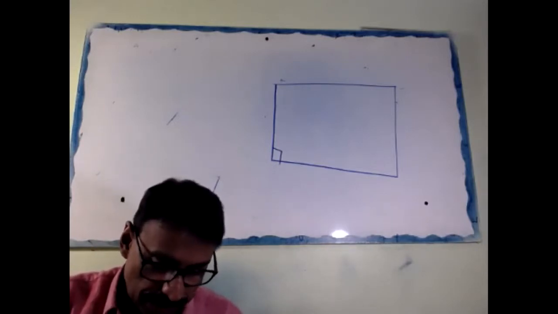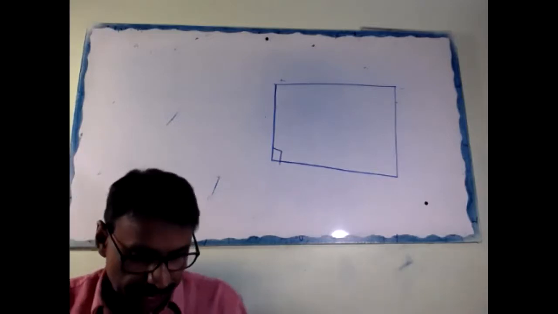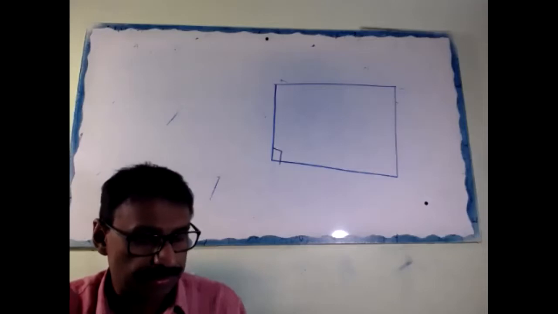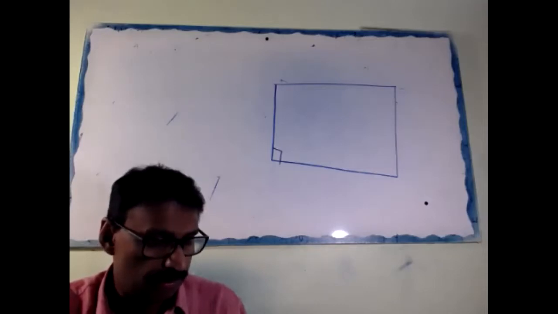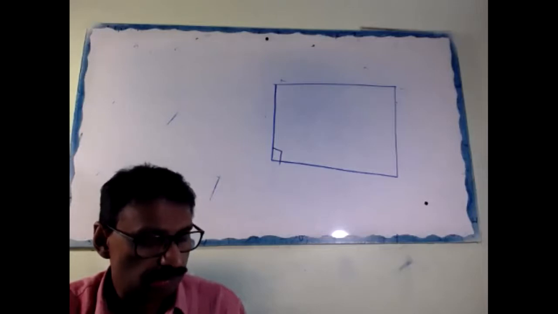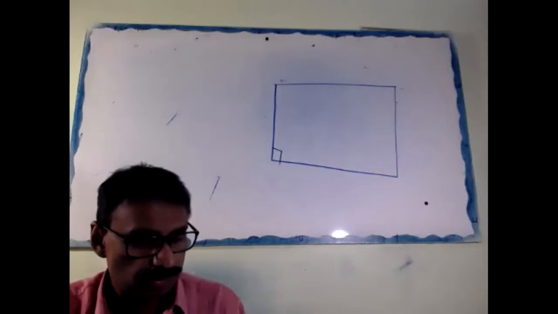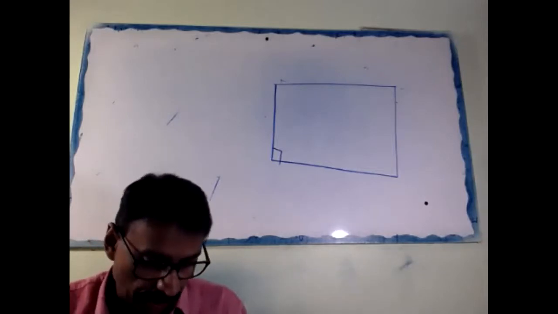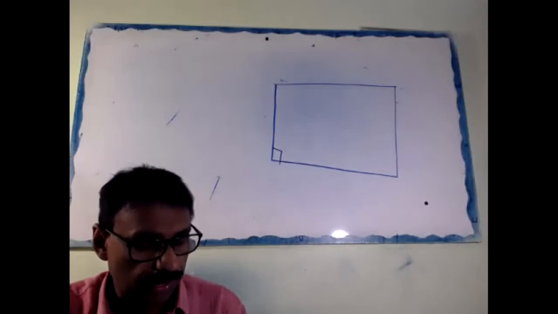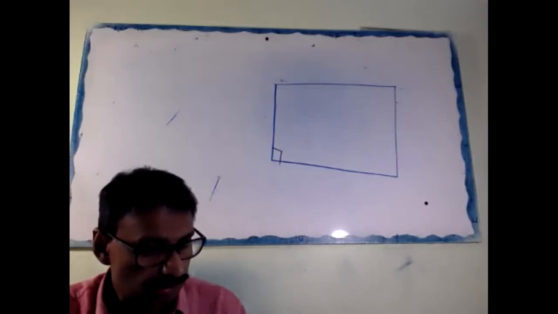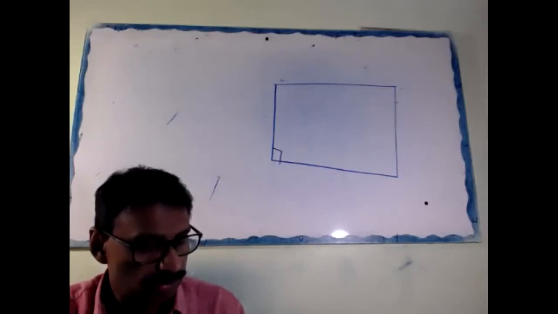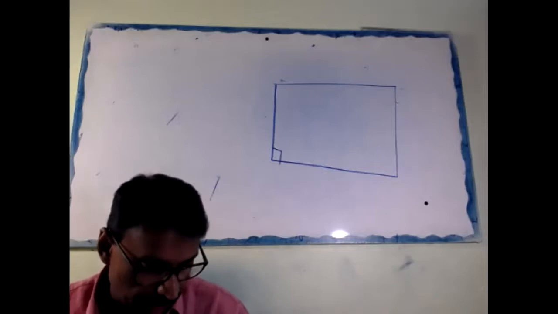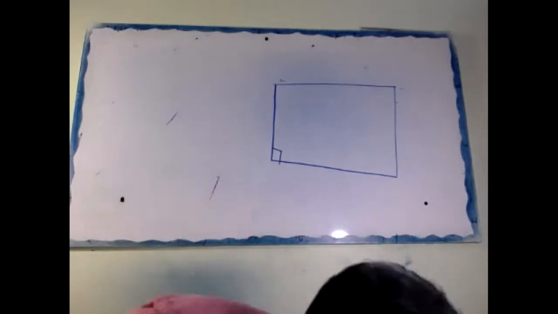A square, rectangle, and rhombus are parallelograms.